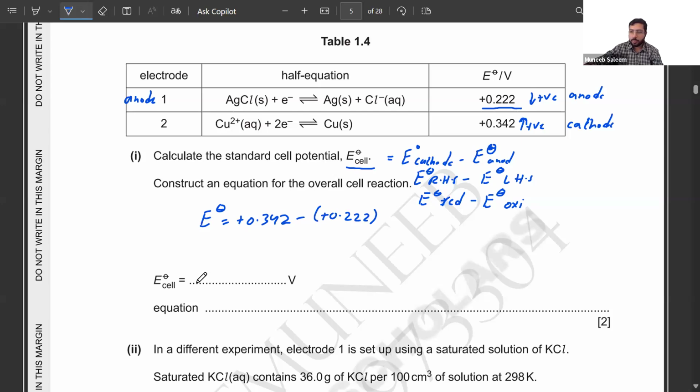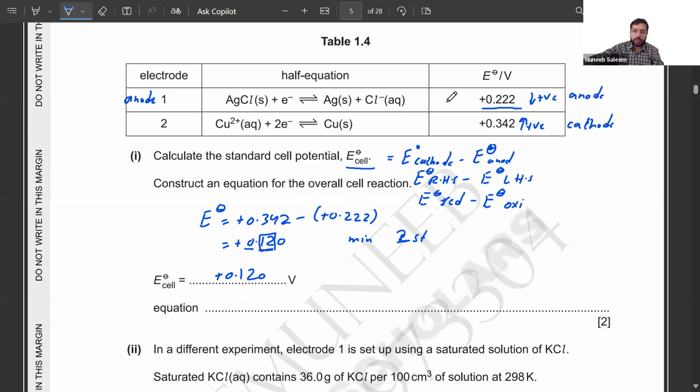Now the answer comes out to be plus 0.120, and keep in mind the answer should have a minimum of two significant figures. We have two significant figures here. So the answer is plus 0.120 volt.